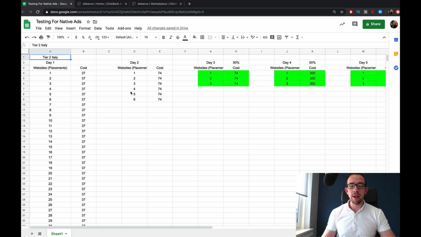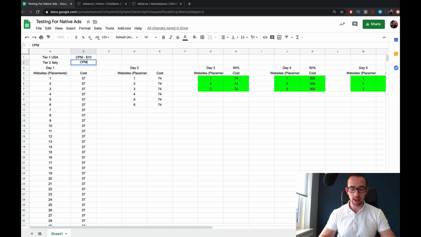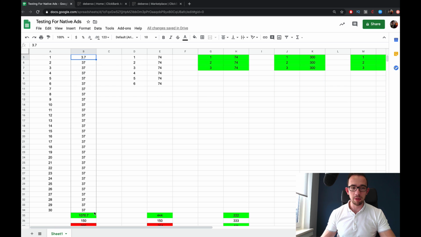So in that sense, let's say we compare tier 1 USA. We might pay a CPM, a cost per 1,000 impressions, of $10 on average. And the same CPM in Italy is $1, right? So the costs are 10 times less, which basically means that instead of 37, you only spend 3.7, which means that your testing budget from 1.1K goes to 100 a day, right?